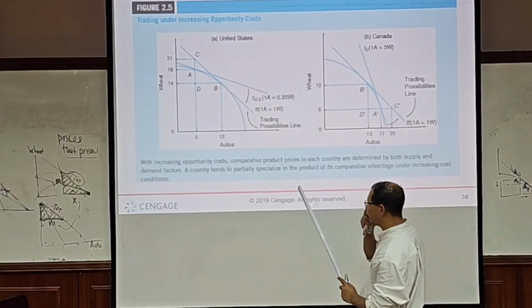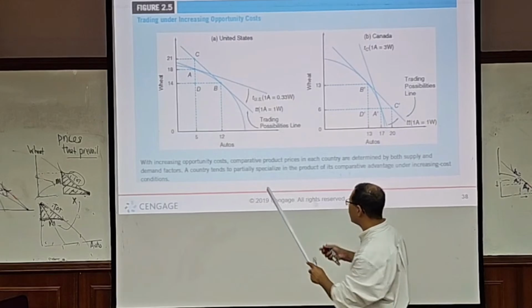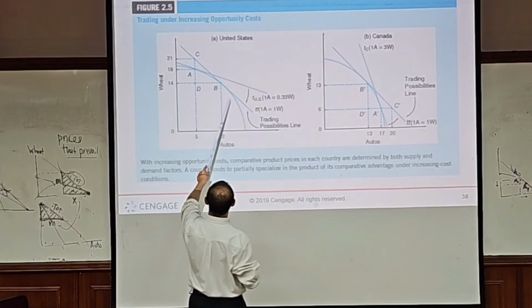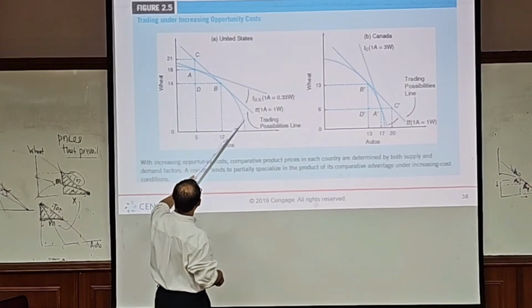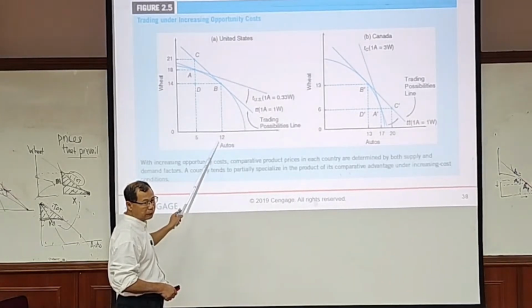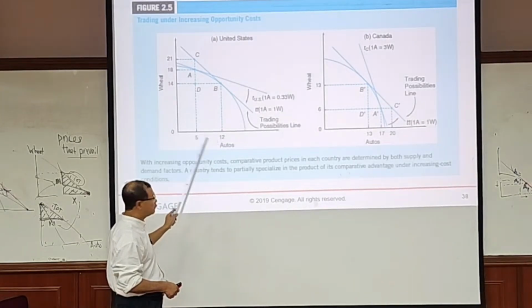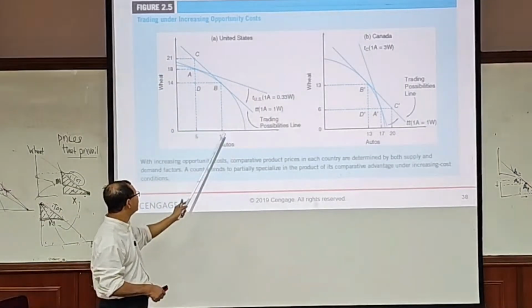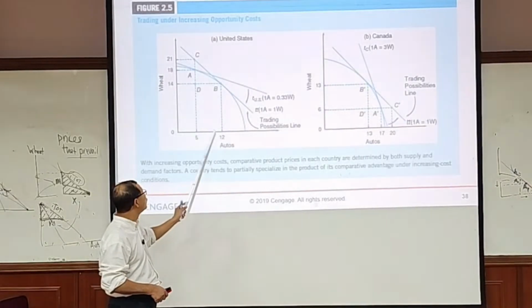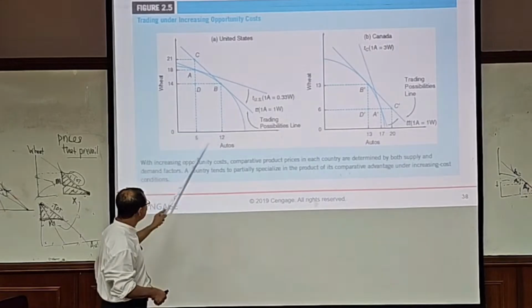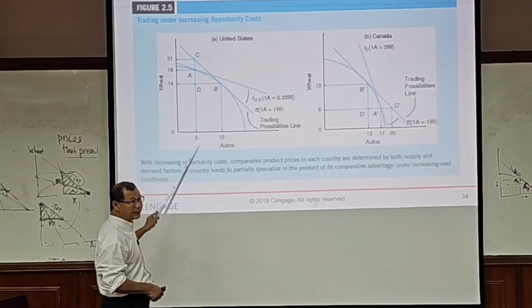So, quickly. Now the trading. Here, look at this. Please, we have to finish. One minute or two minutes left. United States produced 12 auto, consume only 5. 7 is exported.